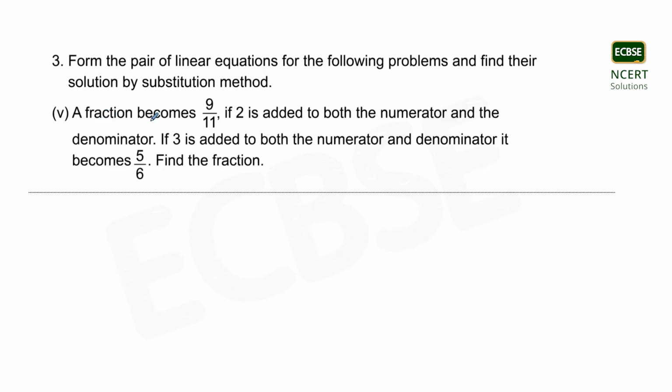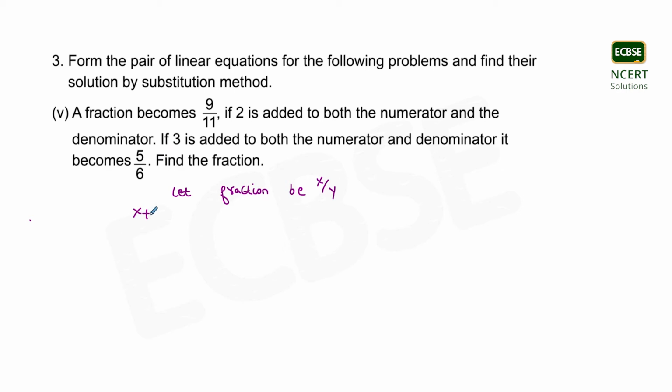Now the 5th problem is: a fraction becomes 9 by 11 if 2 is added to both the numerator and the denominator. If 3 is added to both the numerator and the denominator, it becomes 5 by 6. Find the fraction. So in order to solve this question, let the fraction be x divided by y, that is, x in the numerator and y in the denominator. According to the information given in the problem, a fraction becomes 9 by 11 if 2 is added to both the numerator and the denominator.